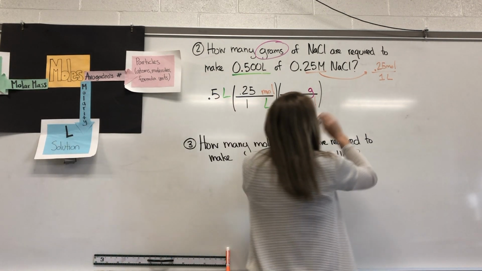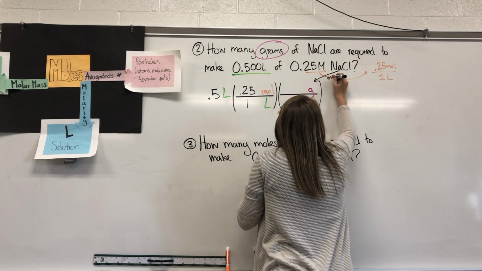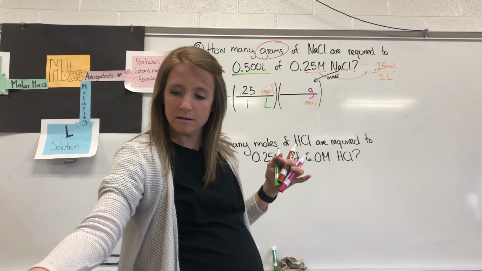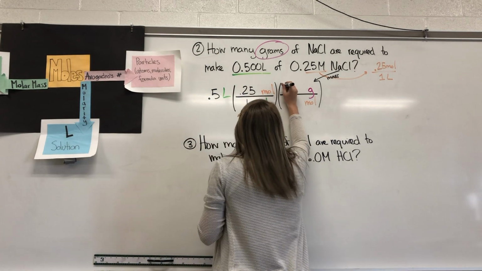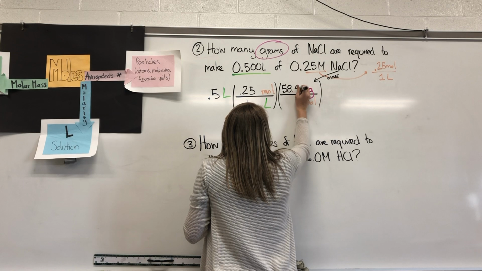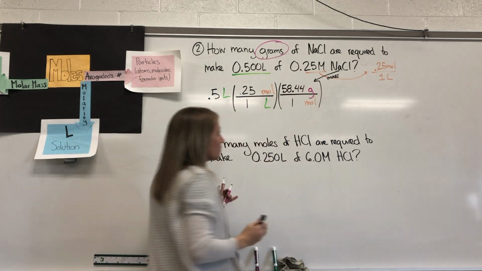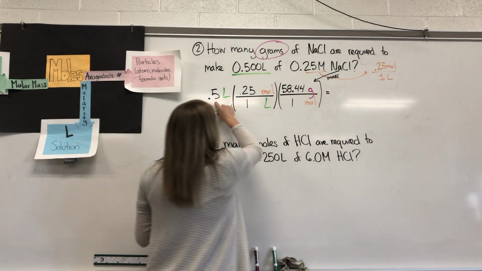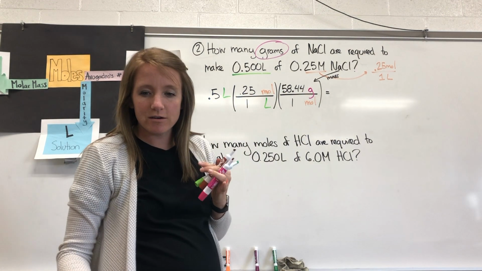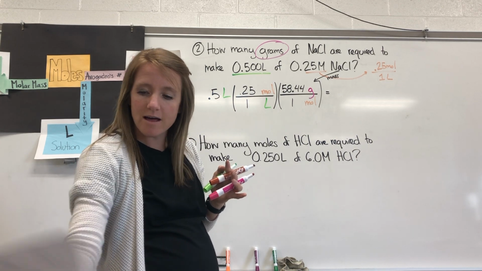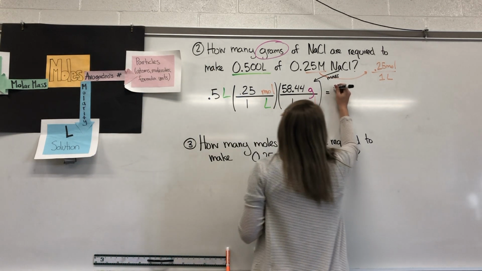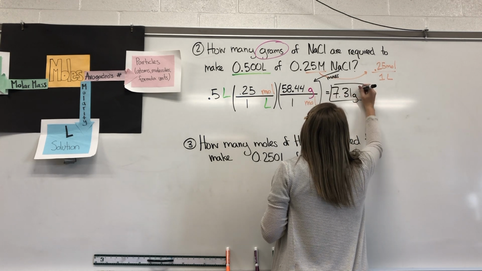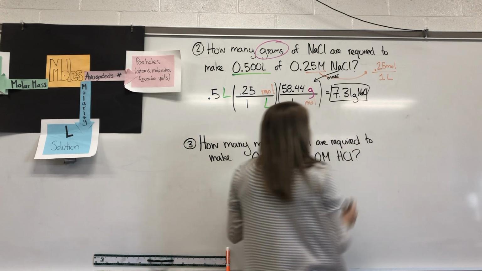So I'm going to find the mass of NaCl, which I found to be 58.44 over 1, because every 1 mole of NaCl is that many grams. Plug it into my calculator, and I got an answer of 7.31 grams of NaCl.